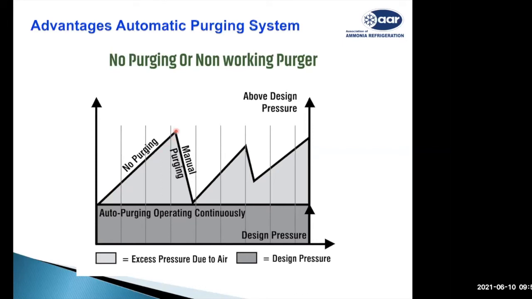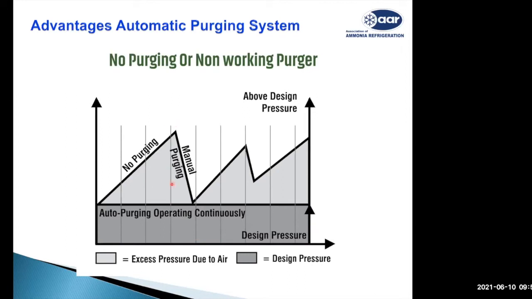I do a manual purging and then my pressure goes down, and I get it to my desired condition. Then I stop purging, and air again starts accumulating until I do the manual purging. If I'm not doing a complete purging, removing all the air, there may always be some air accumulated in my system. This area shows the actual excess pressure due to the air, and this is my actual operating pressure.